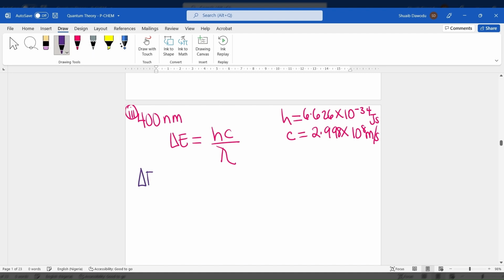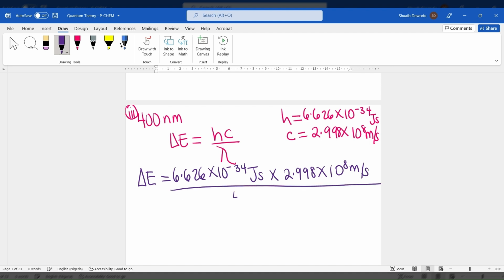So ΔE is now equal to 6.626 times 10 to the power of negative 34 joule seconds times 2.998 times 10 to the power of 8 meters per second, divided by lambda, so divided by 400 nanometers. We know nanometers to be times 10 to the power of negative 9 meters. So we cancel out the seconds and the meters.